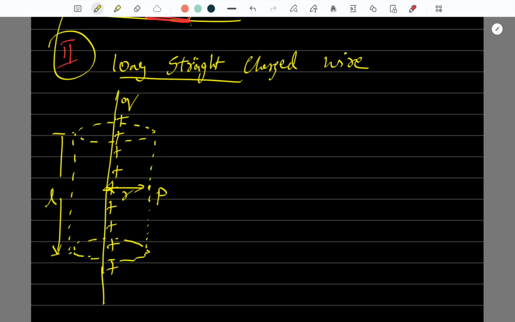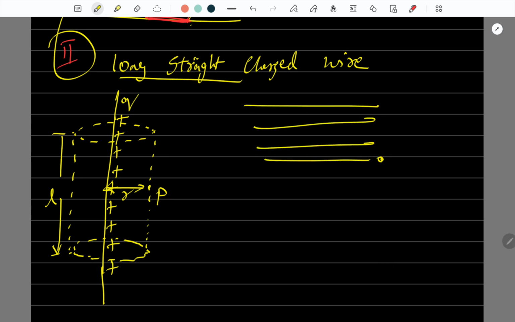Okay, so how to go on with this particular derivation? First you will write the initial explanation. I'll just dictate the initial explanation like I always do. Consider an infinitely long straight charged wire of, let us say, charge Q. After that we will write, consider point P at a distance r where the electric field must be found.